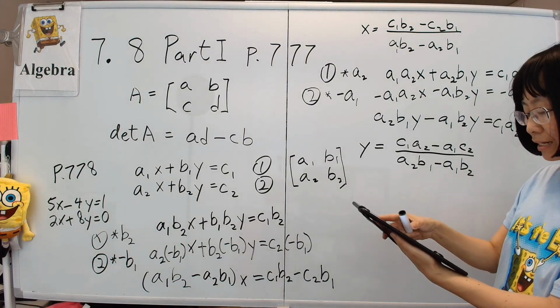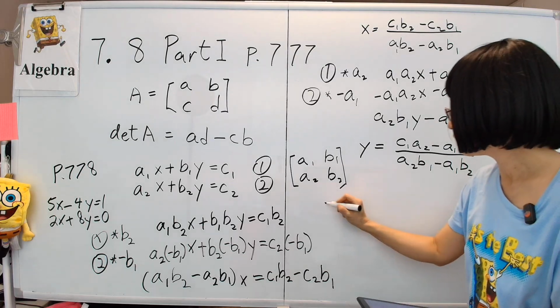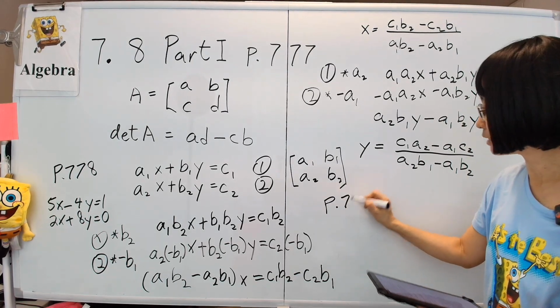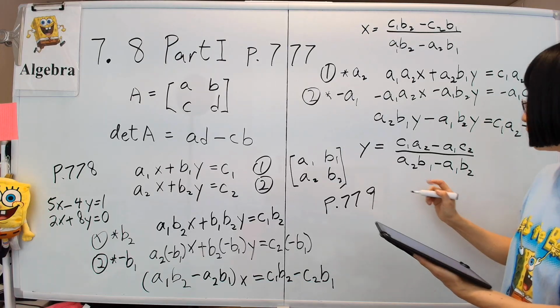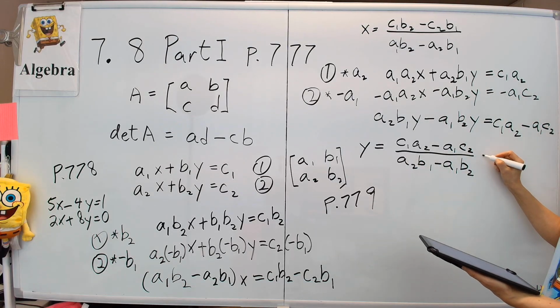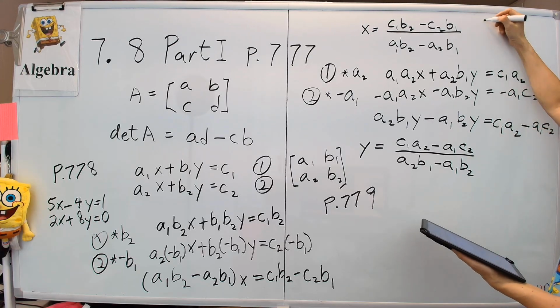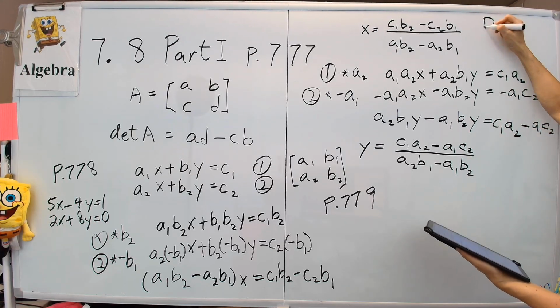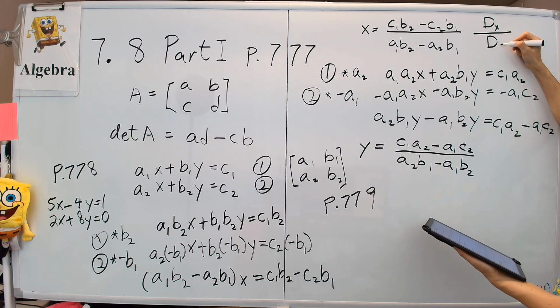Okay, so let's look at page 779. On page 779, we have these things. The top part is called dx, and the denominator is called d.